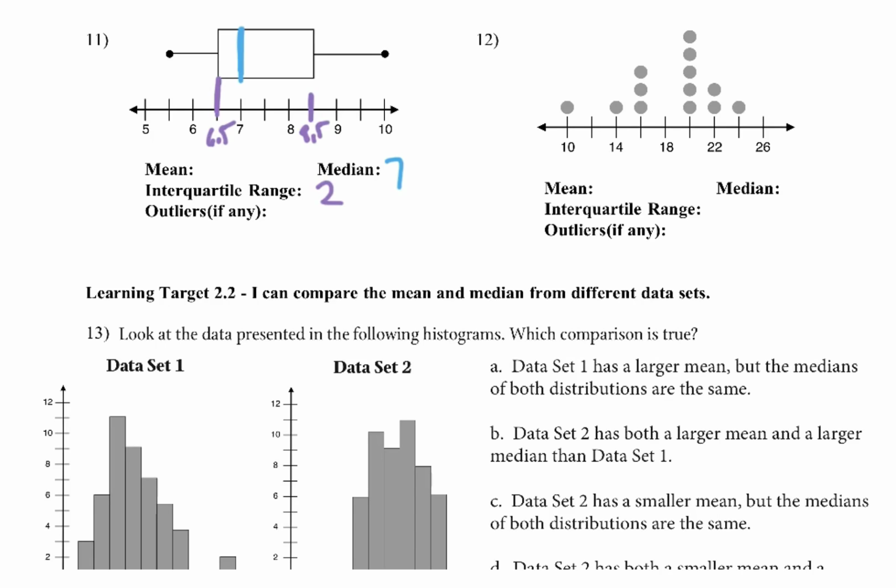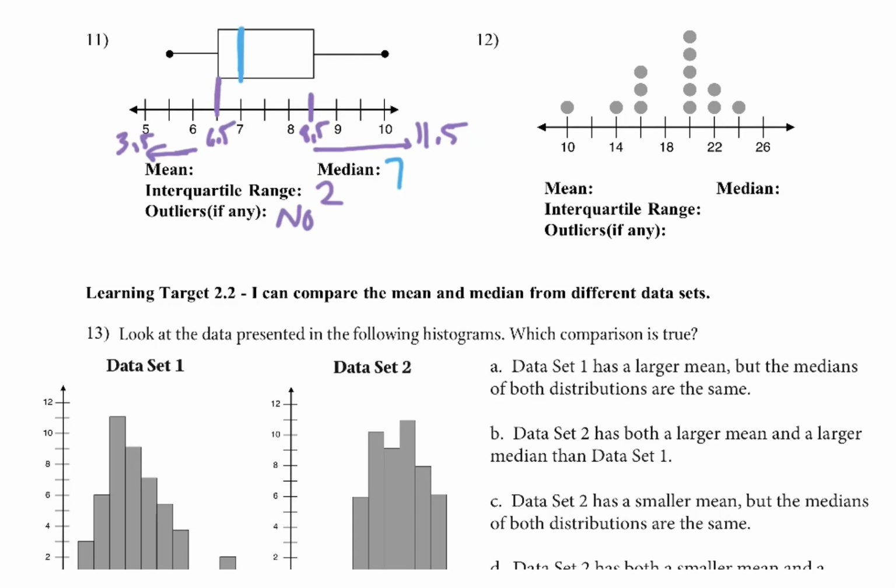To find an outlier, we take 2, times it by 1.5, so we get 3. If I add 3 to 8.5, we get 11.5. Our highest was 10, so no outliers to the right. We subtract 3 from 6.5, which would be 3.5, and our lowest is 5.5.